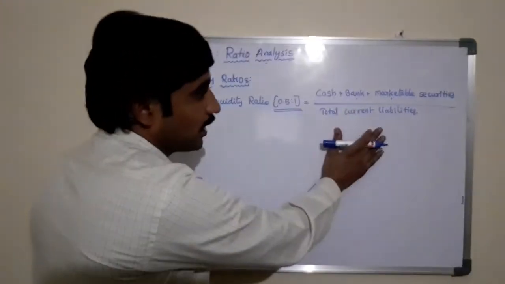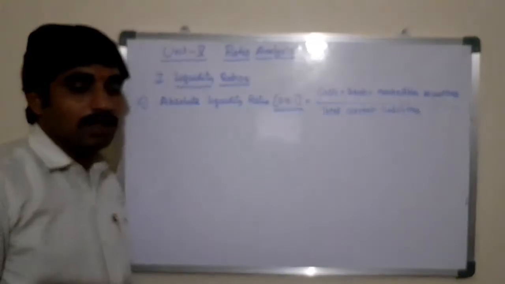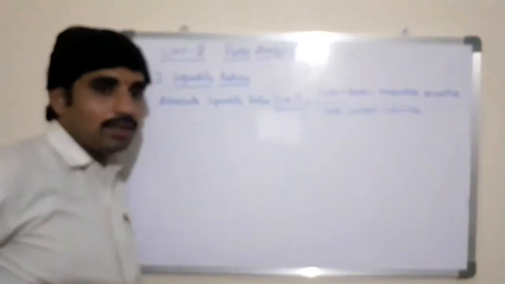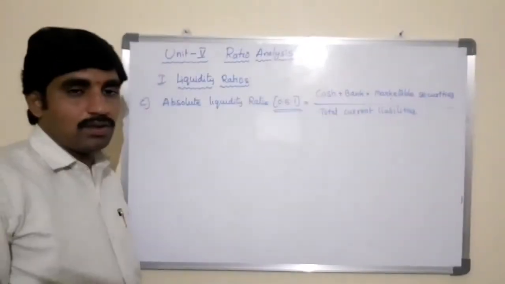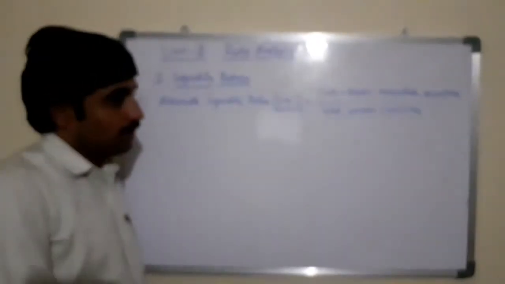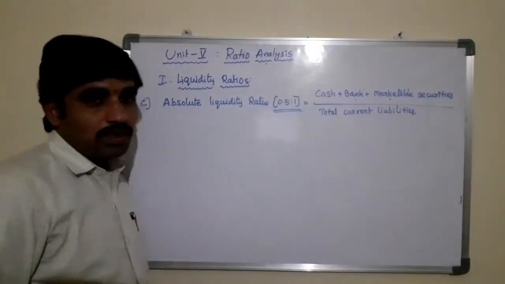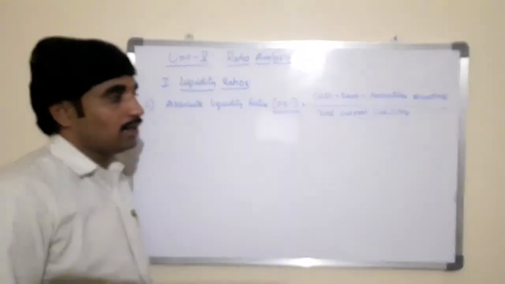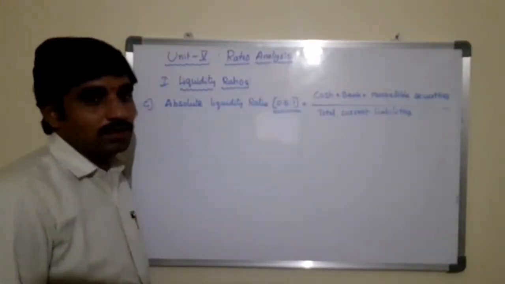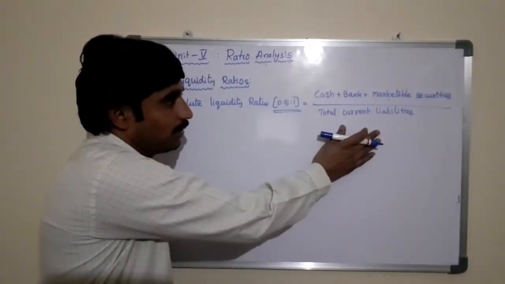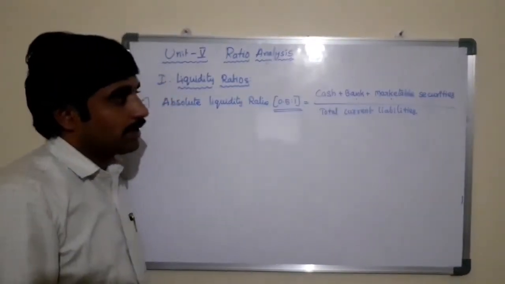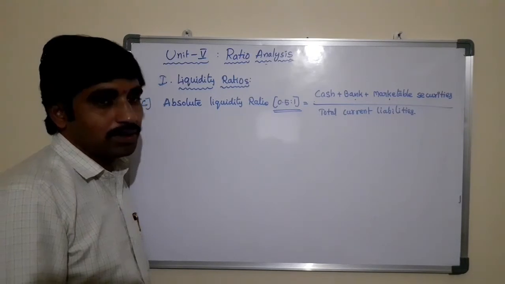The total current liabilities are the current liabilities that are available in the balance sheet other than the long-term liabilities, like bills payable, bank overdraft, expenses not yet paid, creditors, and short-term loans and other current liabilities. The total current liabilities are taken here as denominator, and the numerator is cash plus bank plus marketable securities.